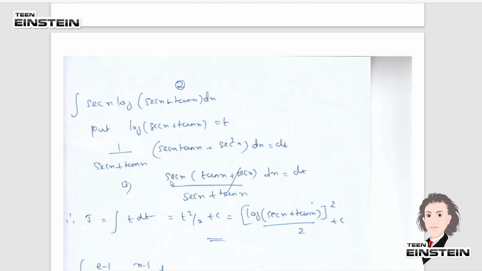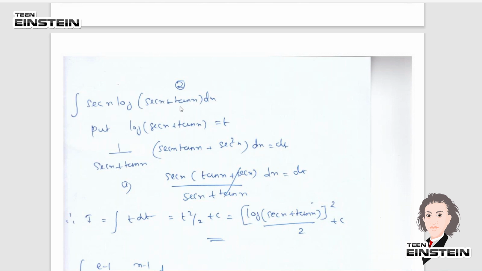Why have we used this substitution? How can I find the correct substitution? You have to check whether the derivative of g of x is given in the integrand.